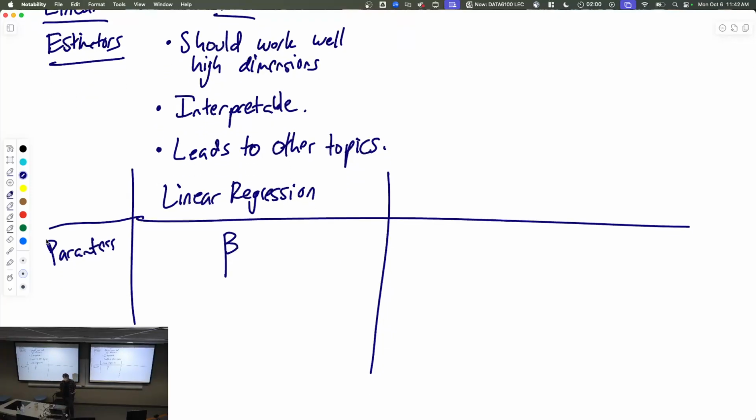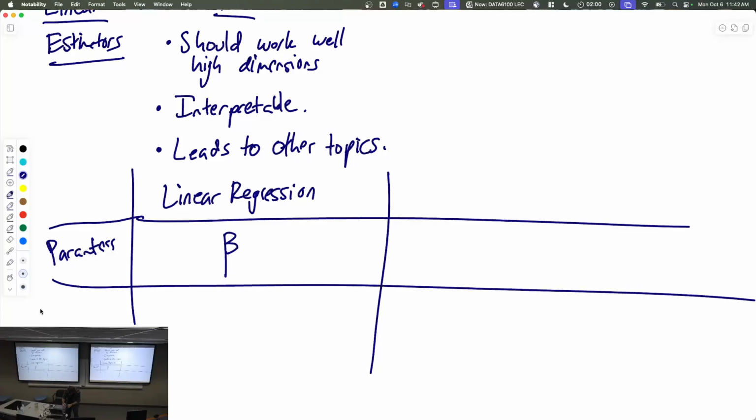And then we were combining it to get the estimator, which was beta times x. So x was the input, and then beta times x was the estimate. Before we were writing beta 0 plus beta 1 x1. You can either think we're doing a simple situation where there's just x, beta x, or if you think of x as a vector and beta as another vector, and we're doing the inner product, then you would get back the other thing.